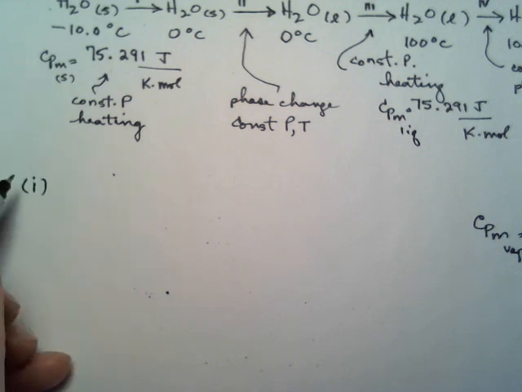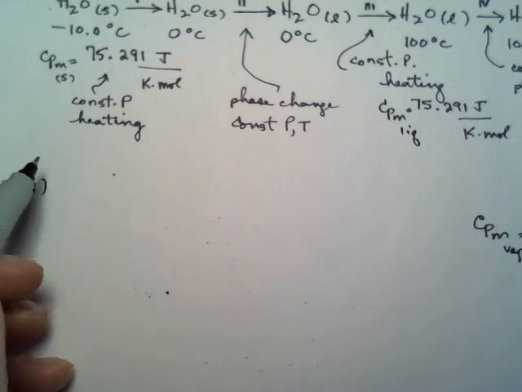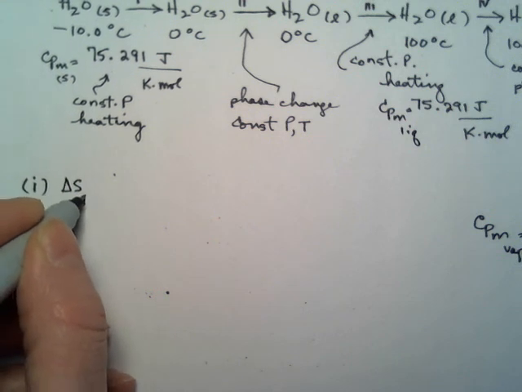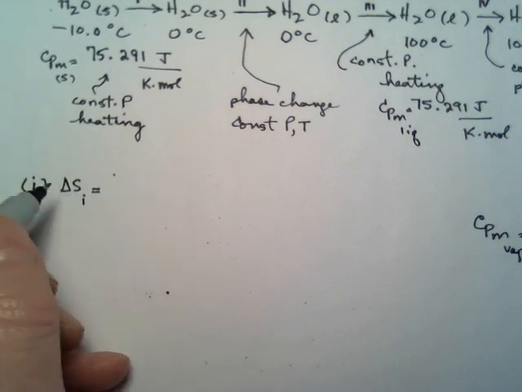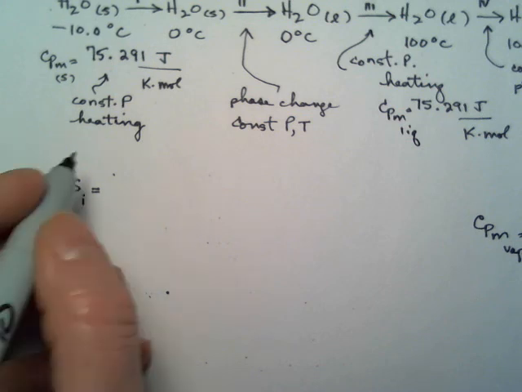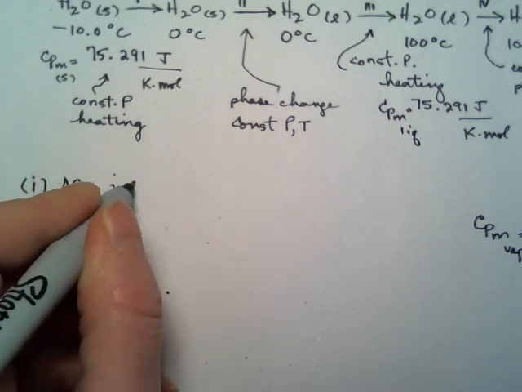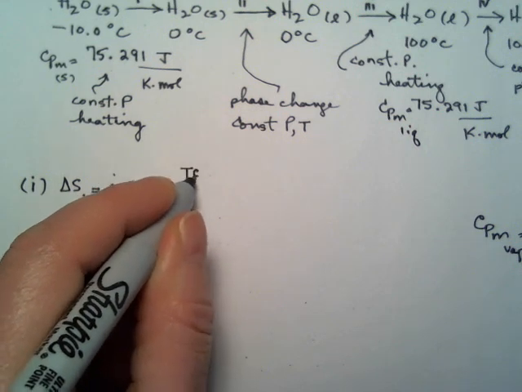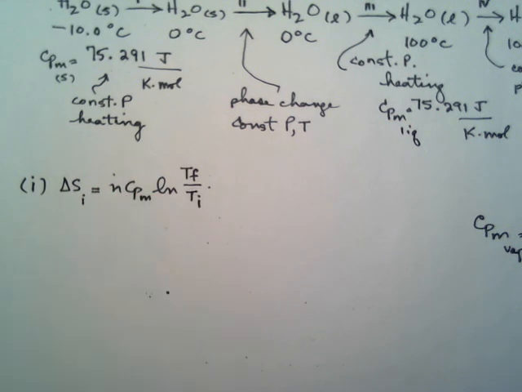Do these in order, it'll be a bigger benefit to you. So constant pressure heating, delta S for this step is number of moles, N Cp molar ln T final over T initial.